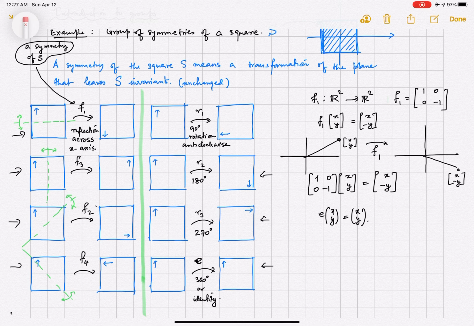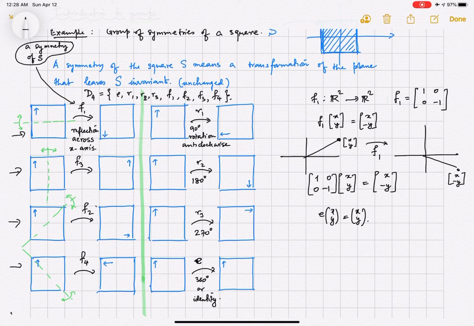And what we sort of indicated is that this set, which we call D4, E, R1, R2, R3, F1, F2, F3, F4, has an operation on it, a binary operation, where you feed in 2 of these, an ordered pair of these transformations, and it spits out again one of these transformations.